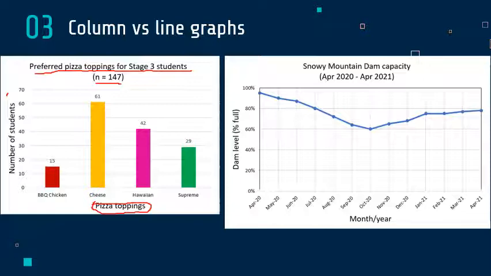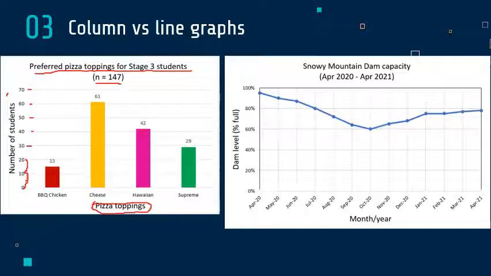Now, instead of having 1, 2, 3, 4, 5, 6, 7, 8, 9, 10, my graph either needs to be really big or it's really difficult to read. So instead I've had a scale here where 0 to 10 is one interval or one marker, 10 to 20 is another marker. So each of these markers, you can't quite see it here, represents 10 students.